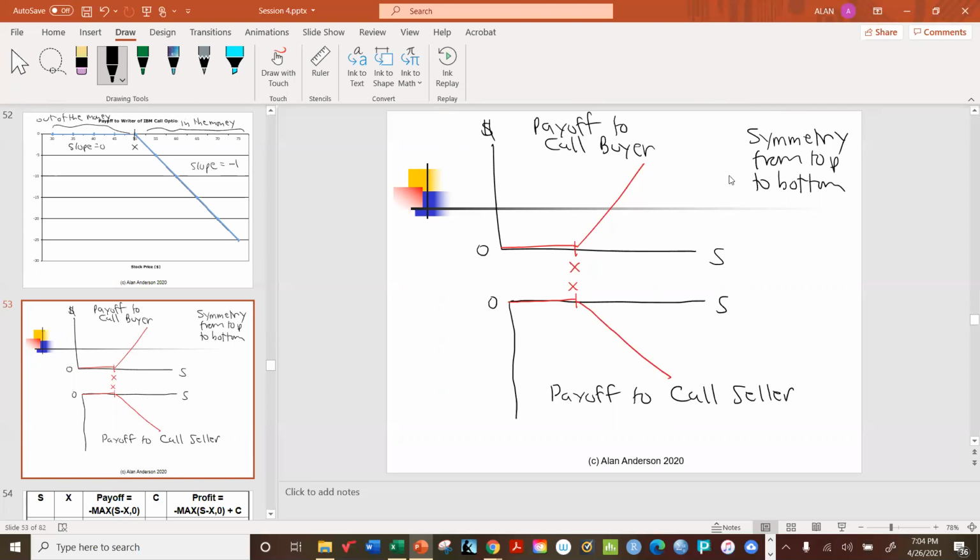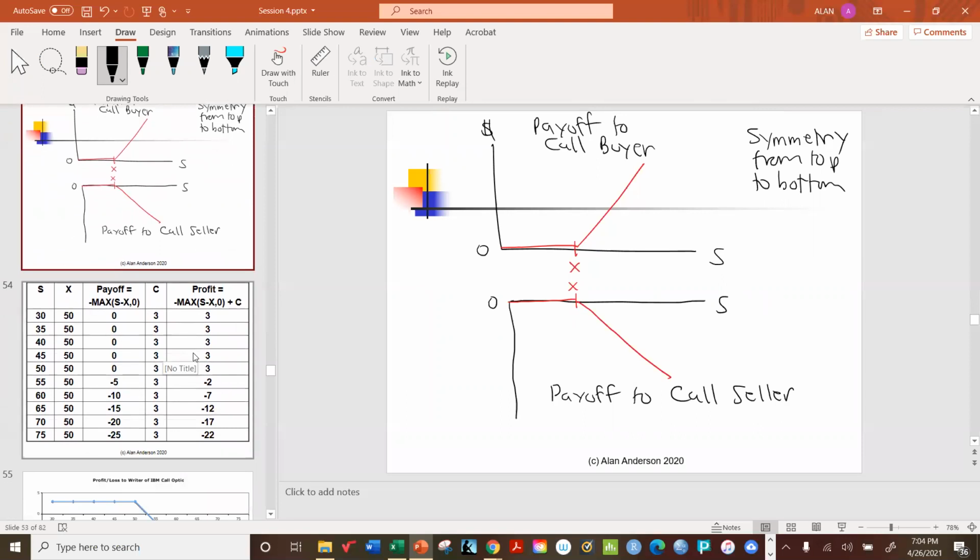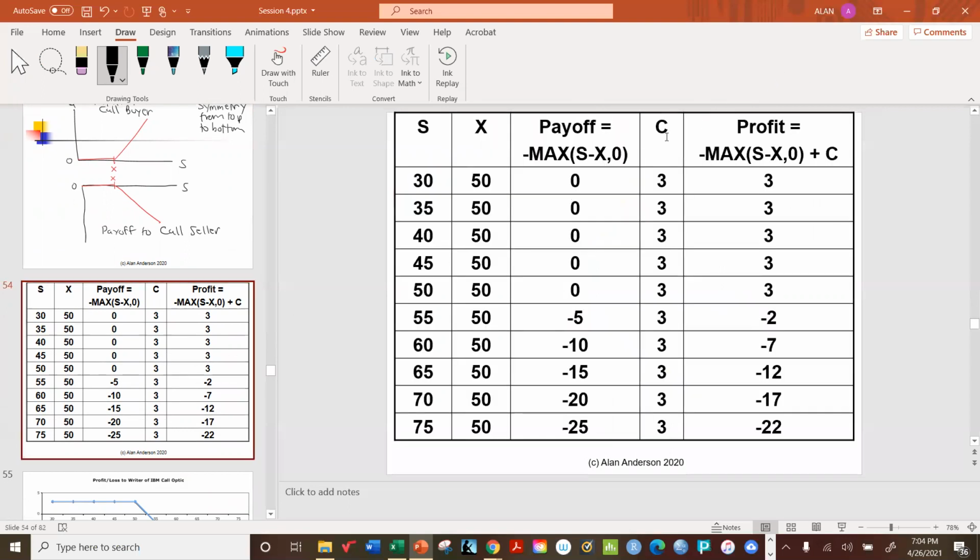Now, what about the premiums, though? How does that affect our graph for the seller? All right, so once again, we've got a nice little chart where I put in another column for the call price. And that's $3, remember. So the payoff, all negatives down here. We add the $3, and here we do have a range of $3 profits. Sorry, these are out of the money, yes.